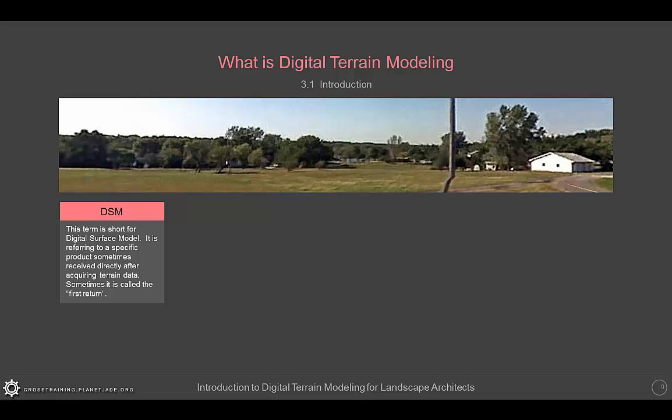This is a term used to describe a very specific product, sometimes received directly after acquiring terrain data. Sometimes it may be referred to as a first return instead of saying DSM. Basically what that represents is this red line that is drawing across the screen here.